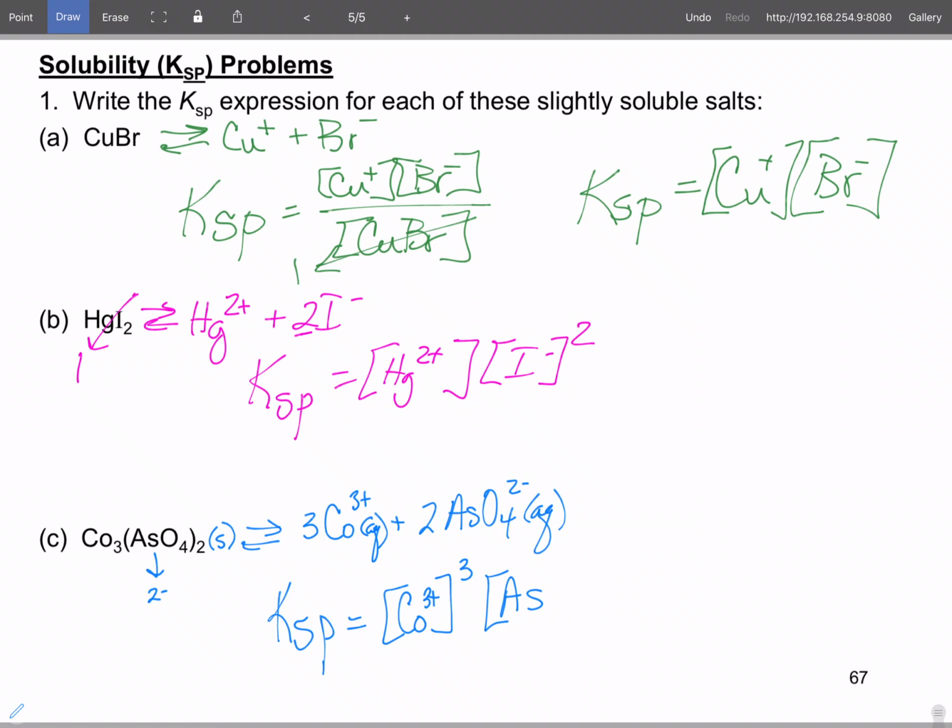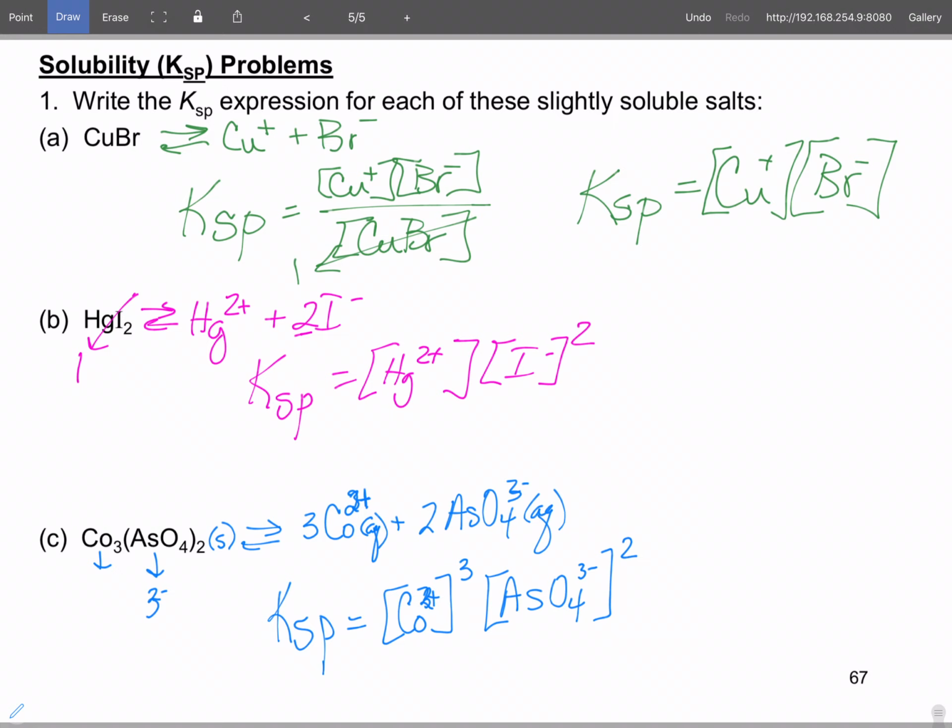I think I just reversed that. Think about it. If the cobalt is 2 minus, there are 4 of them. Yeah, so it's got to be 3 minus. And so that makes the cobalt here 2 plus. Okay, so it's 2 plus to the 3, AsO4 3 minus squared.